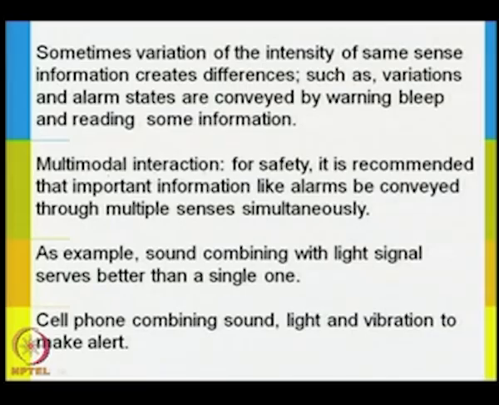Multimodal interaction for safety: it is recommended that important information like alarms be conveyed through multiple senses simultaneously. For example, sound combined with a light signal serves better than a single one, like a cell phone combining sound, light and vibration to make a person alert about the incoming information.